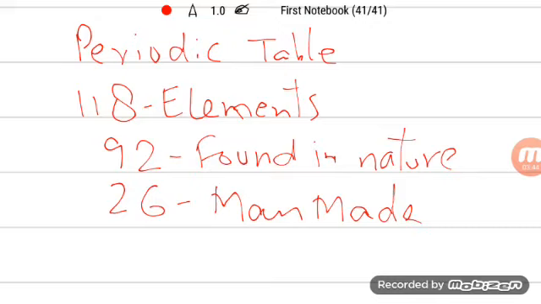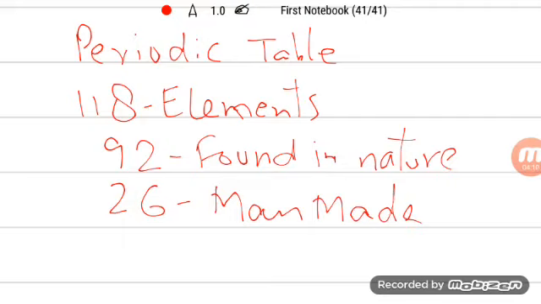For example, on the same page number 57, you can see that the actinide series is written. Then there are so many symbols, like BK, CF, ES, with atomic numbers 97, 98, 99, 100 is FM, then 101 MD, then 102 NO, then 103 LR.